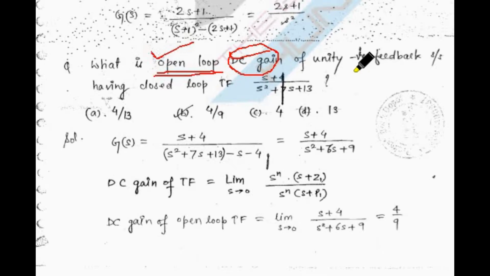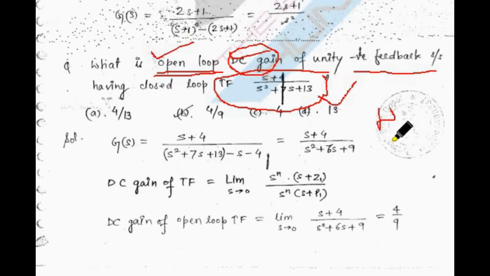The system is a unity feedback system having a closed loop transfer function. This closed loop transfer function means the system has negative unity gain feedback, that is, f of s is equal to 1.